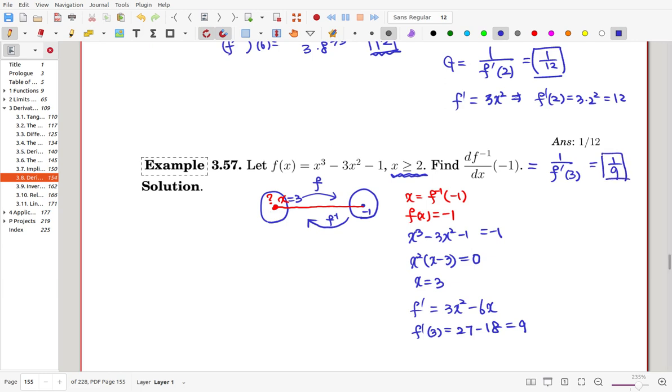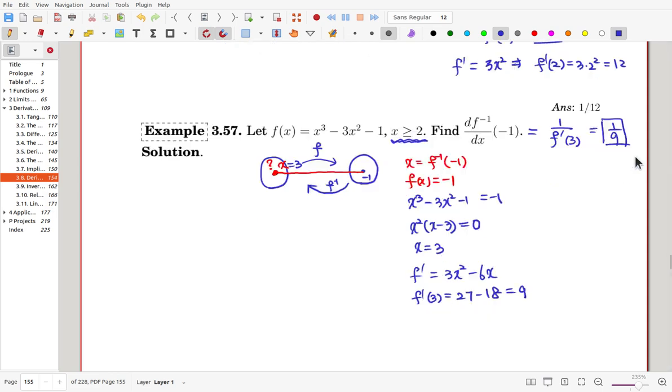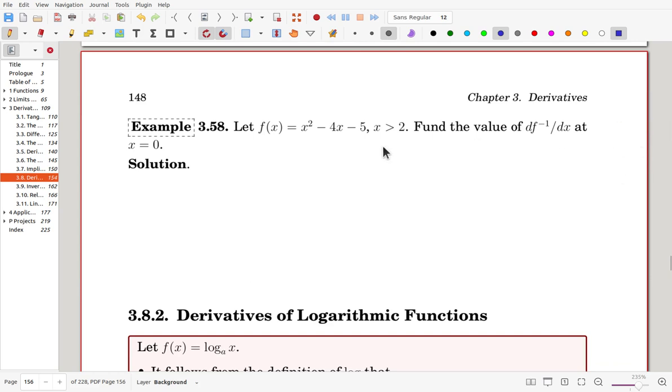Okay, simple. Now it's quite easy to see, right? We'll do one more here. f(x) is given as x squared minus 4x minus 5, and x is larger than 2. That's the domain of f.